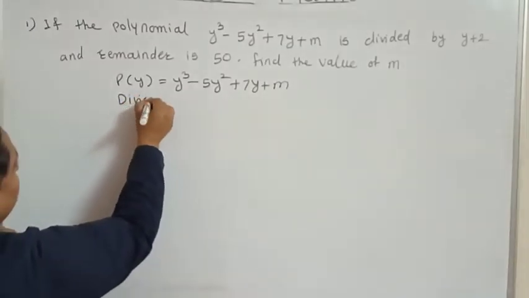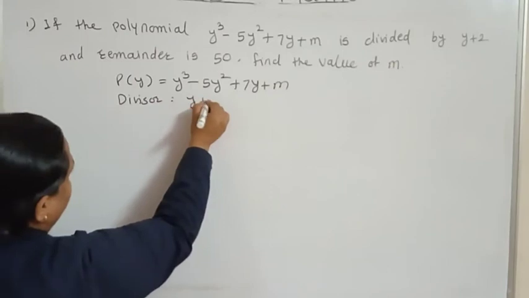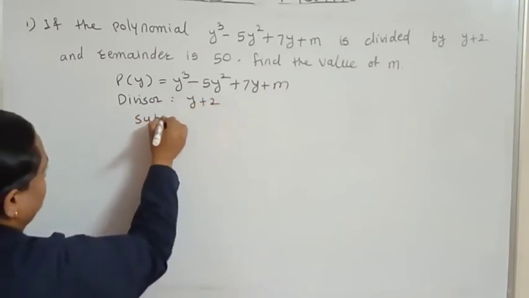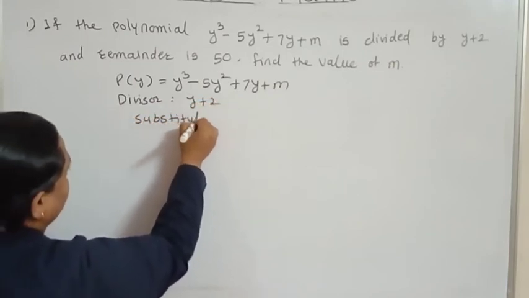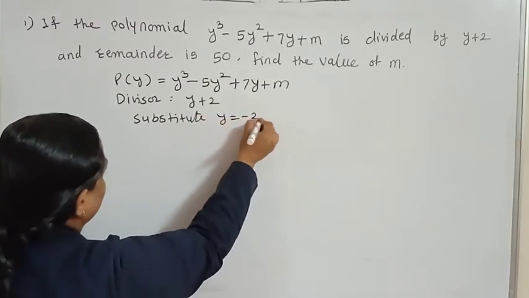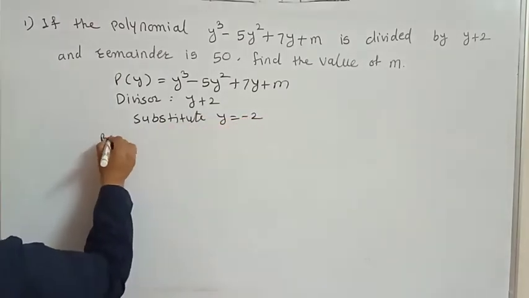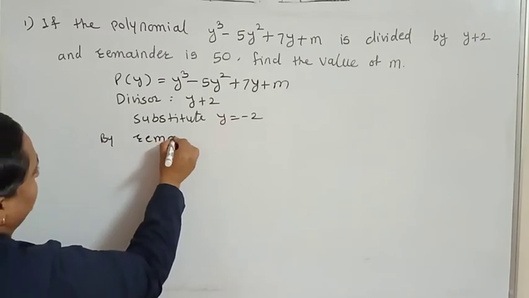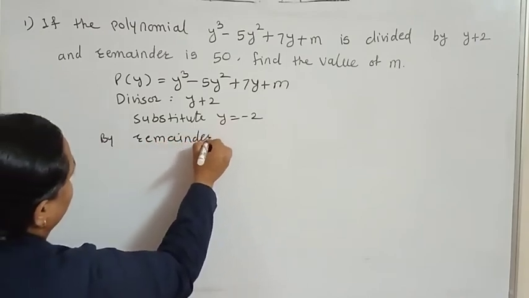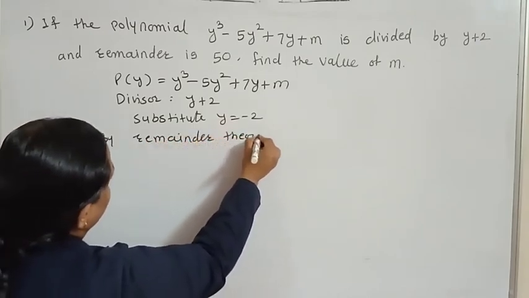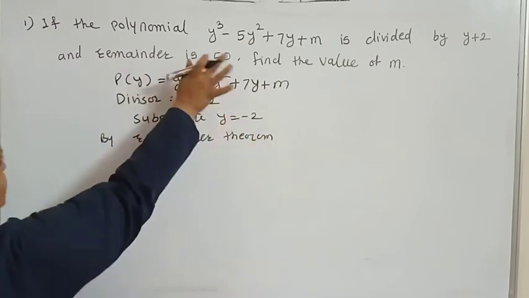The divisor is given as y plus 2. Means you have to substitute the opposite number of that. Substitute y is equal to minus 2. Then by the remainder theorem. Now why are we using the remainder theorem? Because it is given that the remainder is 50.